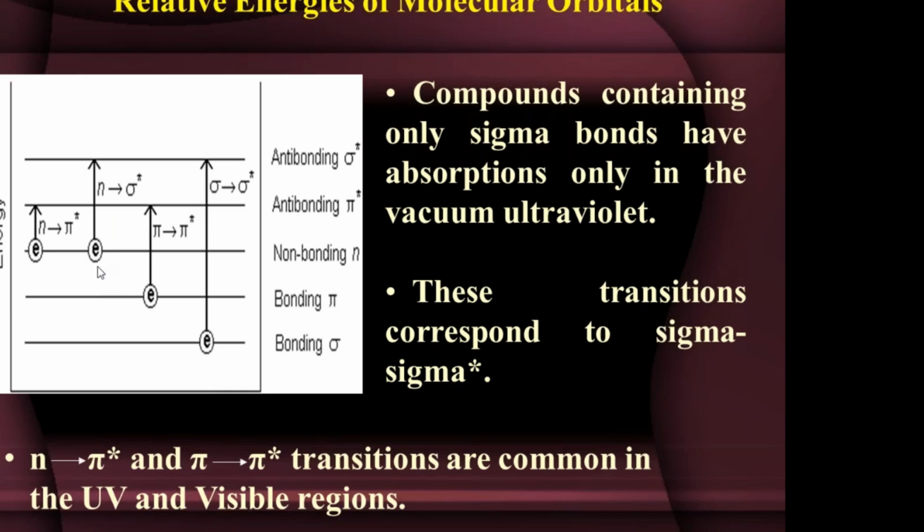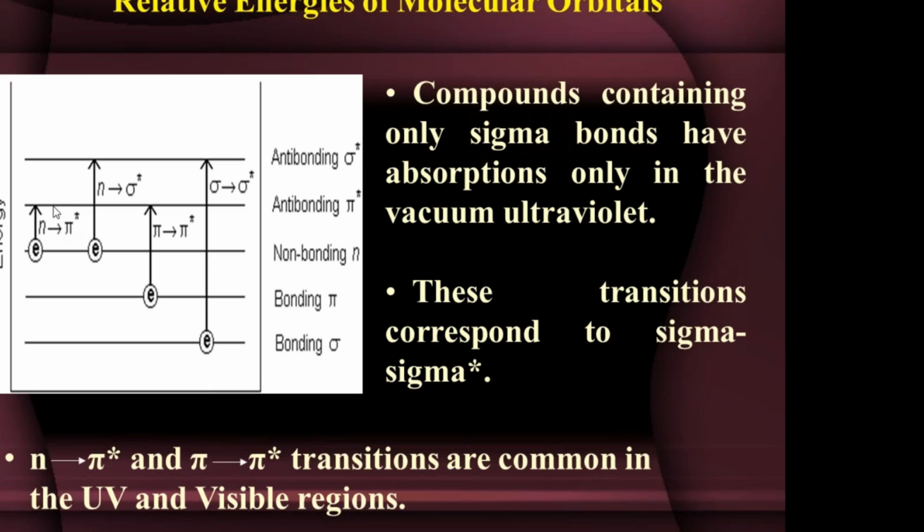Then you have the non-bonding electrons. The non-bonding electrons, or n electrons, can be excited either to the pi star or to the sigma star. The n sigma star transition involves slightly more energy than the pi pi star transition, and definitely more energy than the n pi star transition.